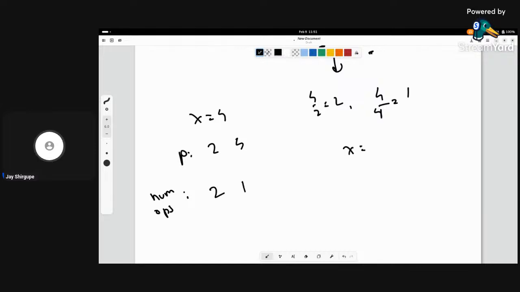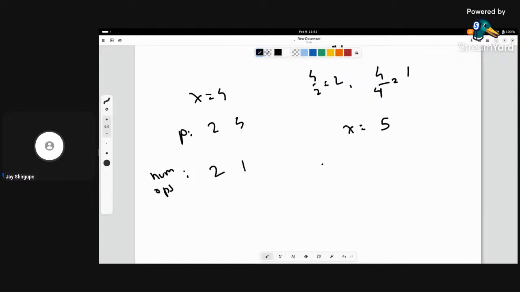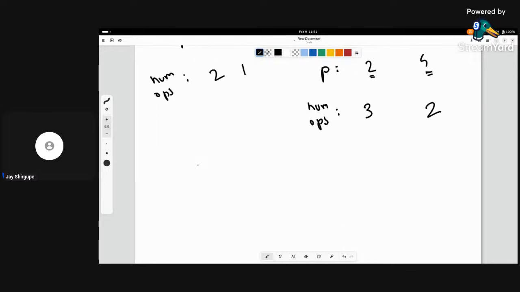If your x was say 5, and your p is again 2 and 4, then how many times do you have to add 2 into this g array so that the g of i value is at least 5? You have to add it at least 3 times, since 3 times 2 is 6. So this would look like 3. And for 4 you have to add at least 2 times, since 4 times 2 is 8. So this would look like 2.